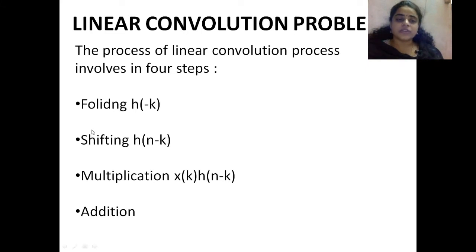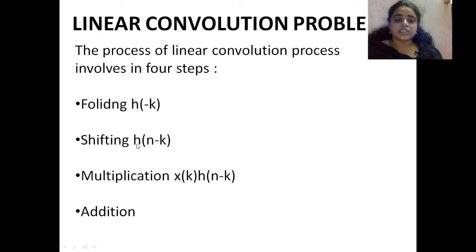For that h of n signal we are going to fold the signal, that means reversing the signal. H of minus k will come. Whether it is h of n or h of k, it is okay because we are just changing the variable here. Then we have to shift the h of minus k signal by n times.